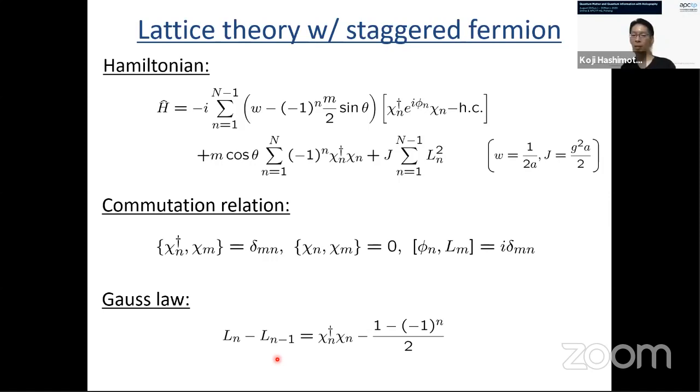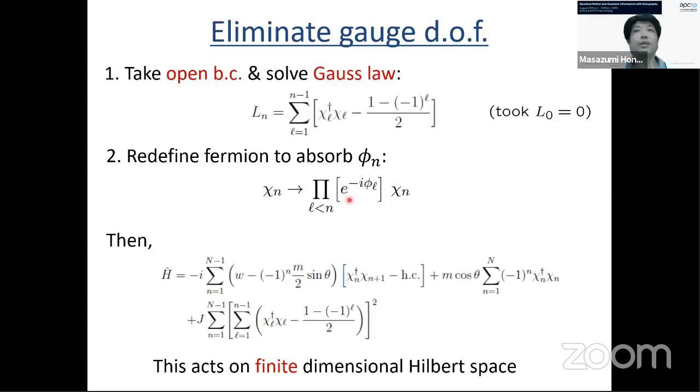I see. And we cannot eliminate the link variable completely as well. So we have one physical degree of freedom for periodic boundary condition coming from the gauge field.